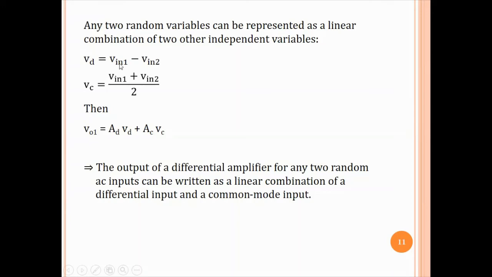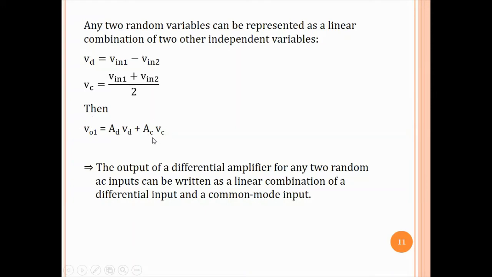The differential mode input is simply the difference between the two inputs. The common mode is the average of the two inputs. And once we have defined these two, then we write the output as a superposition of the differential mode output and the common mode output. So VO1 is equal to the differential mode gain times the differential mode input plus the common mode gain times the common mode input.